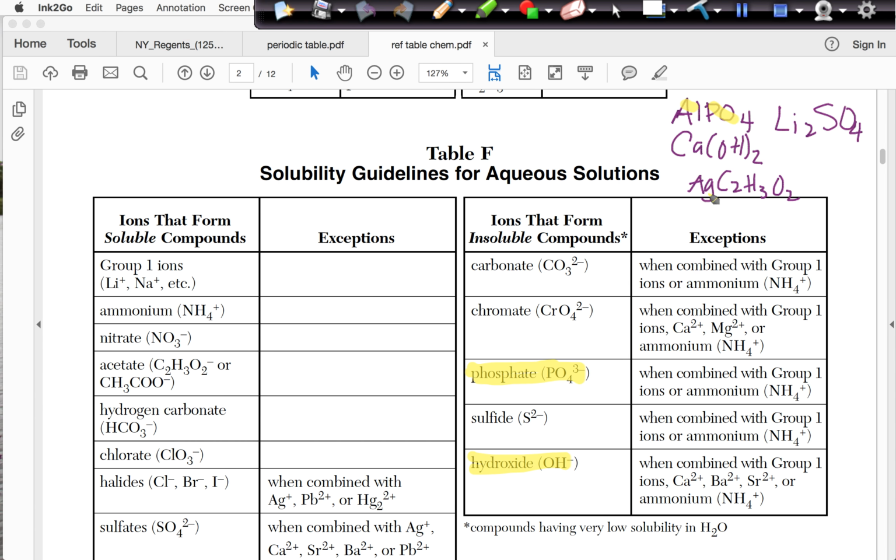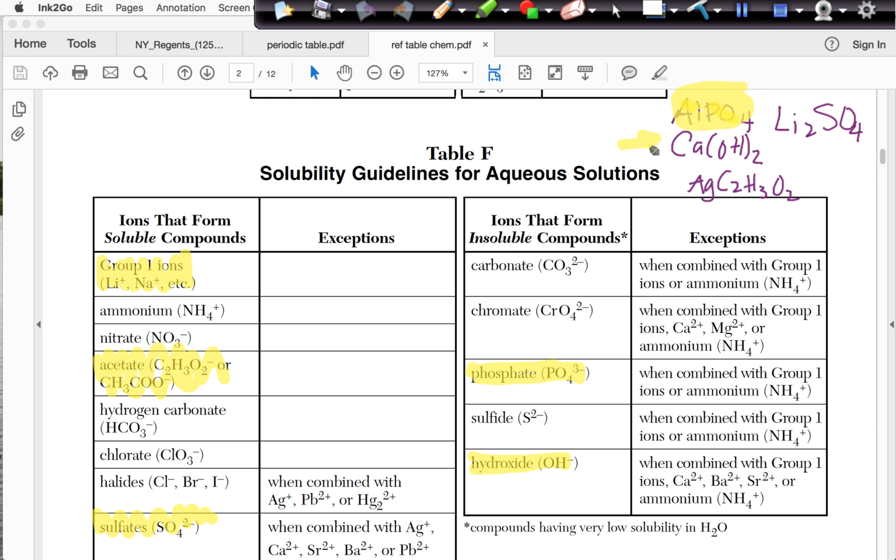For AgC2H3O2, which is silver acetate, I'm going to look up silver in the first column, and then acetate in the first column, which is here. And Li2SO4, lithium sulfate, I'm going to look up lithium in the first column, and sulfate in the first column. So aluminum phosphate was our answer, so I'm going to actually do that one last.